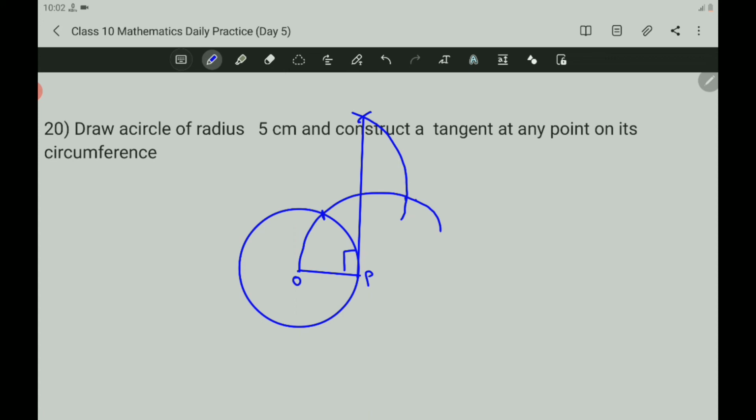So it is roughly done, but you must do this by using the scale to draw the radius, and also compass to draw the circle and the curves. So follow the construction steps and draw the tangent at any point on its circumference. Children, it is a rough sketch.